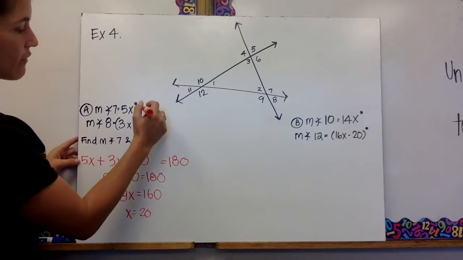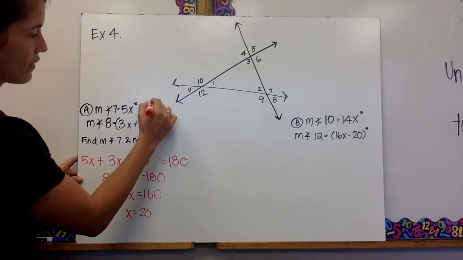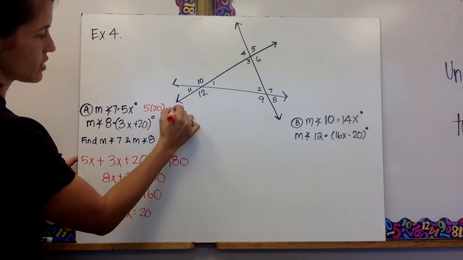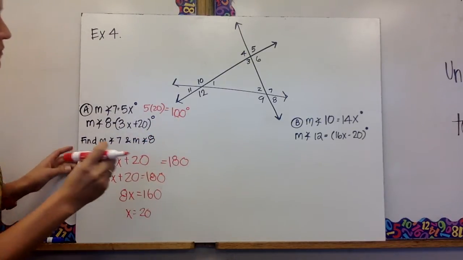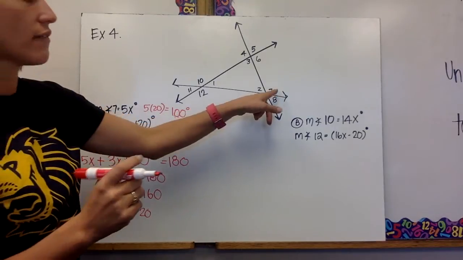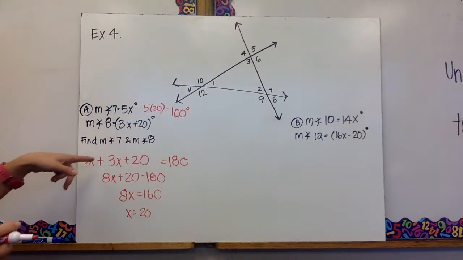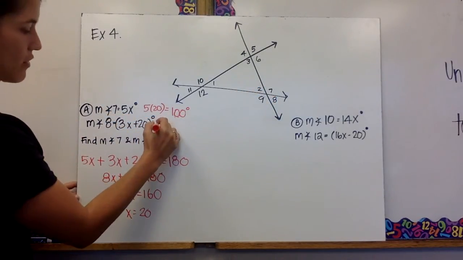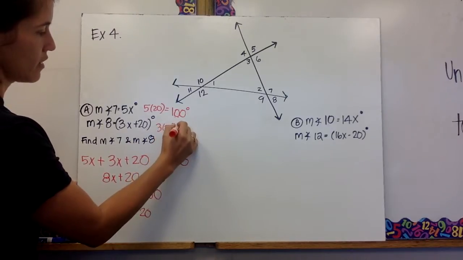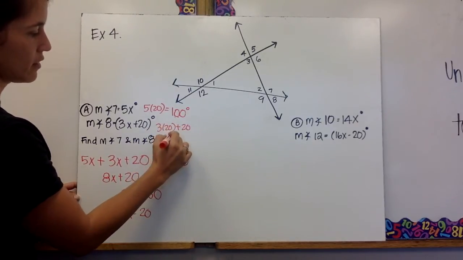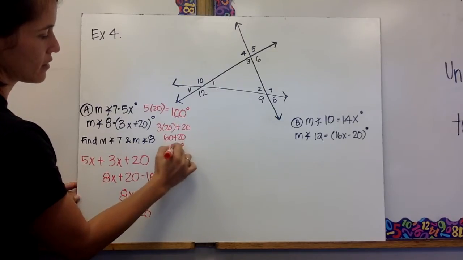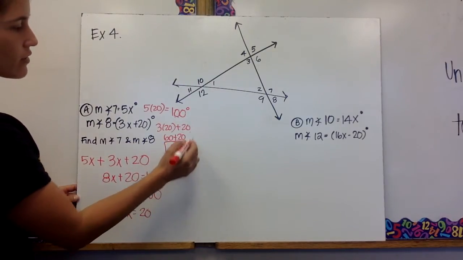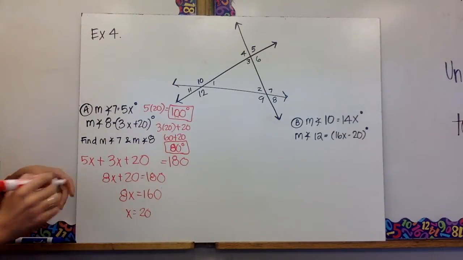So for angle 7, it's going to be 5 times 20, which is 100 degrees. So angle 7 is 100 degrees. And then we plug it back in for angle 8, and we get 3 times 20 plus 20. So 60 plus 20, so 80 degrees. So we have our two answers, angle 7 and angle 8.